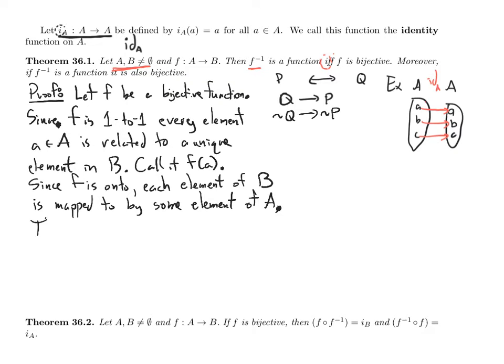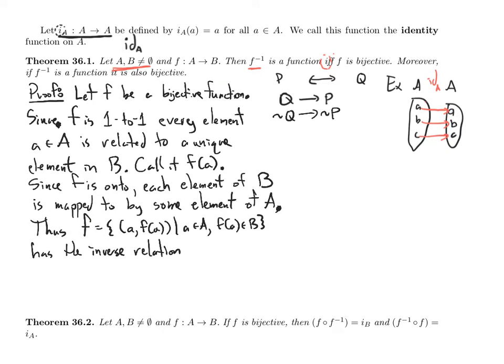So this means, thus, the relation f, remember all functions are relations, which is, say, A, f of A, where A is in A and f of A is in B, has the inverse relation f inverse, which is just swapping what the A and f of A's are.